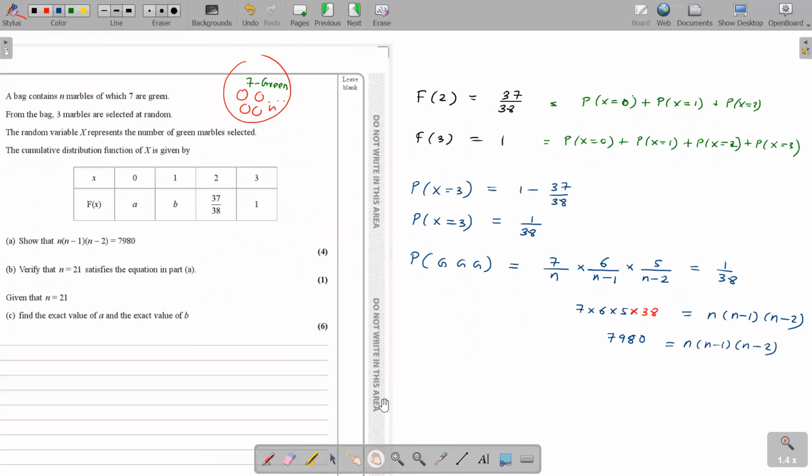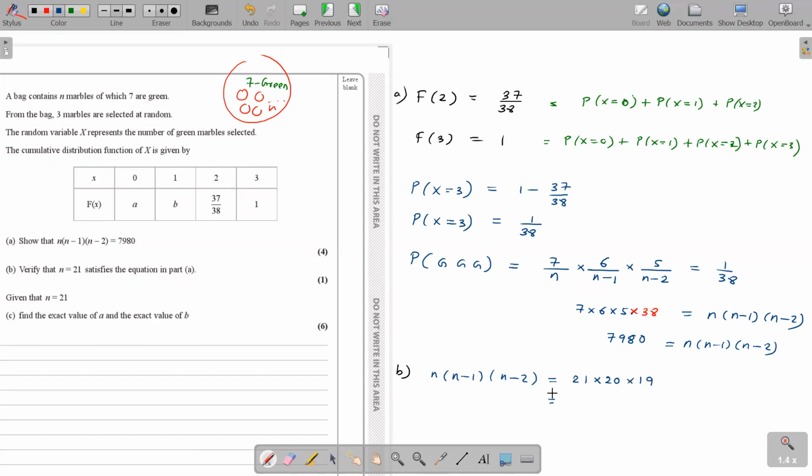Then they're asking you part B, verify that n equal 21 satisfies the equation in part A. So verify means simply replace the n value with 21 and show that the equation is correct. Replace n with 21, n minus 1 is 21 minus 1, which is 20, and n minus 2 is 21 minus 2, which is 19.